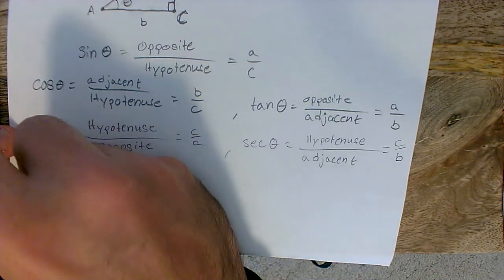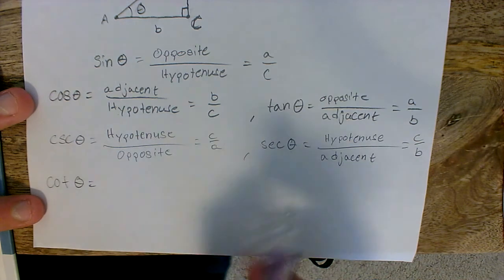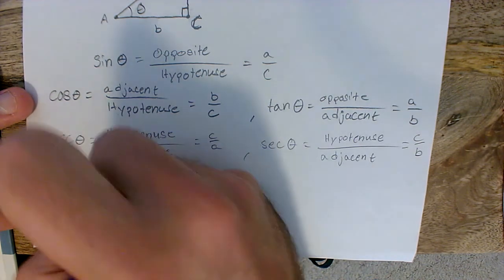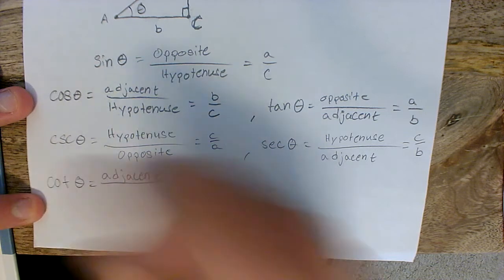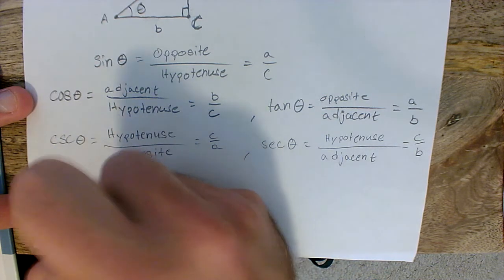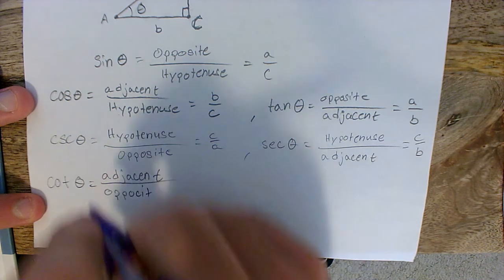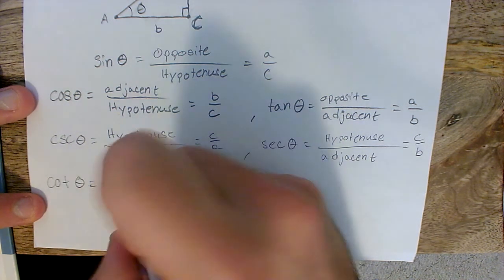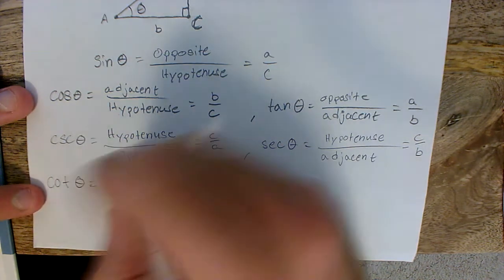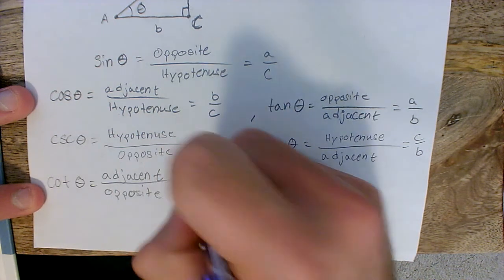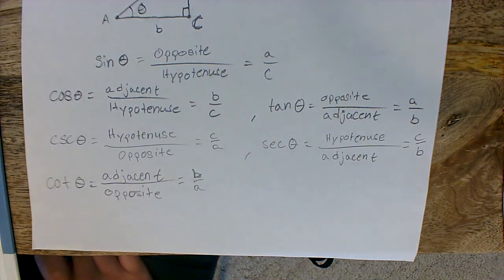And then the cotangent of theta is going to be the reciprocal of the tangent, so it's adjacent over the opposite. Whoops, opposite. Okay, so that's going to be b over a. All right, so that's how that's defined.